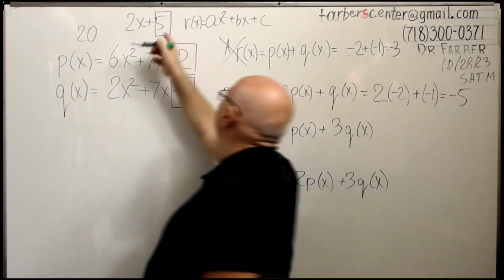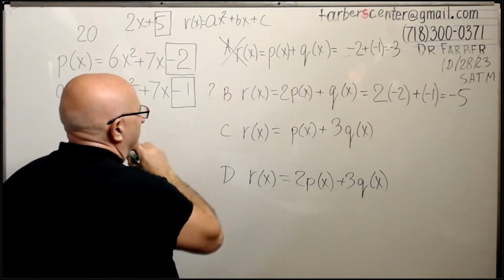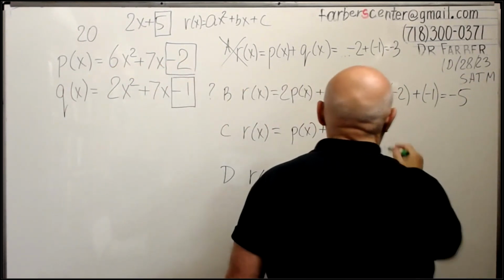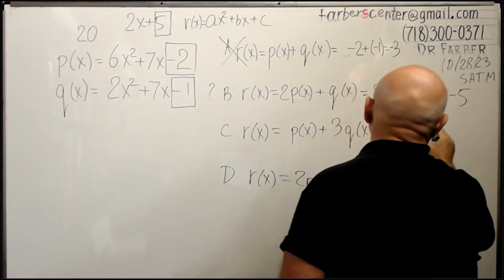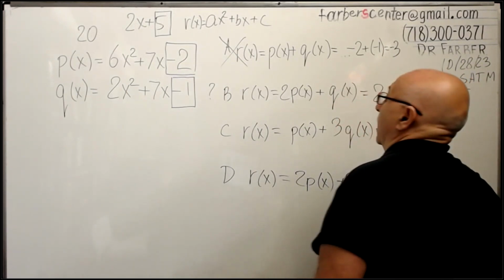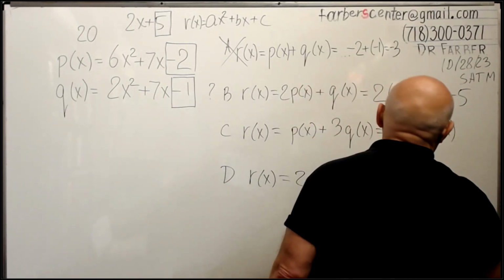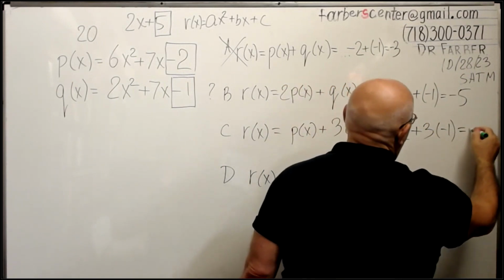Yes, could be. Check this one. P of x, I will take this -2 plus 3, and q of x, I have -1. -2 plus -3 equals -5. Could be.